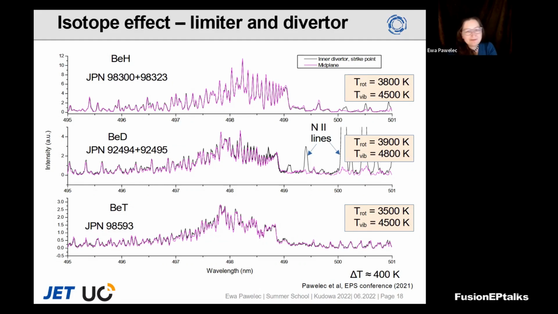So no Abel inversion, no problems with integrating along the line of sight, because in most cases you will have them simply at one point along the line of sight, where the line of sight is just crossing the region where the molecules are present.